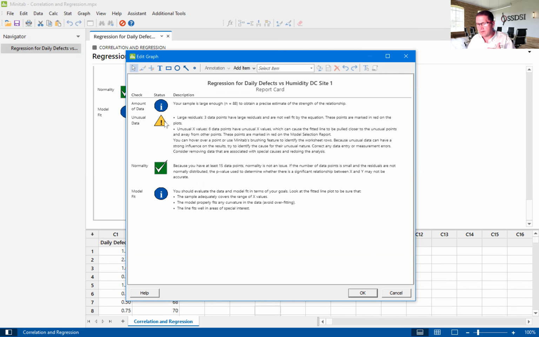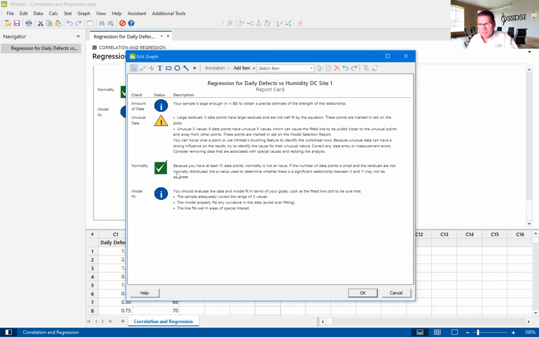We teach our green belts that those are signals. We like to stop and ask, what caused those? Because I've seen in many projects that those signals could lead us to the answer to the problem that we're trying to solve in our Lean Six Sigma project.